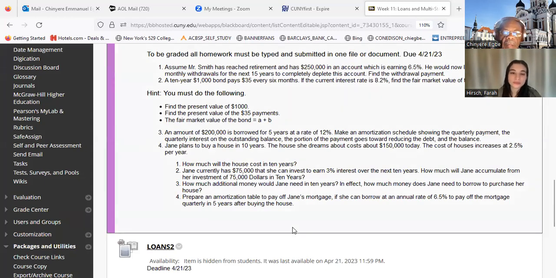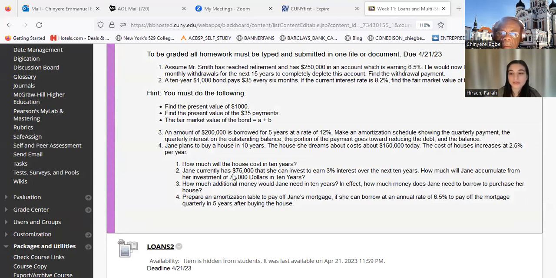Okay, so write down these numbers. An amount of 200,000 is borrowed for 5 years at 12%. Make an amortization schedule showing the quarterly interest. So this is going to be quarterly, so there are going to be 20 periods, and I'm going to do the entire 20 periods.